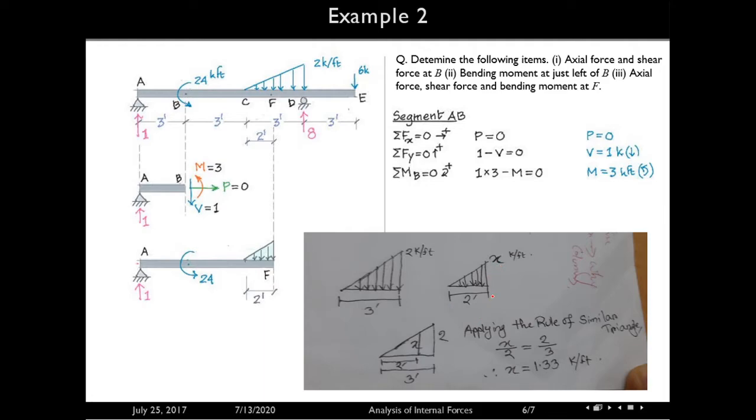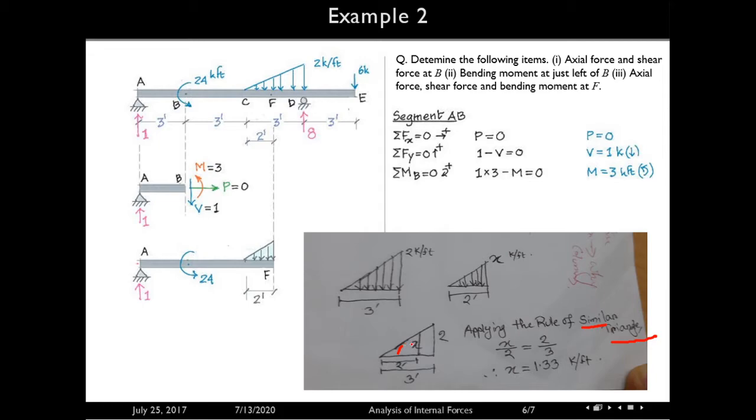In order to calculate the value of X, we'll be applying the similar triangle rule. If we consider this triangle as an inside triangle of this larger portion, this is the larger triangle where the height is 2, but inside that there is a small triangle.